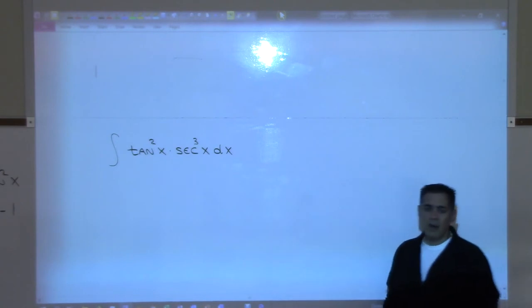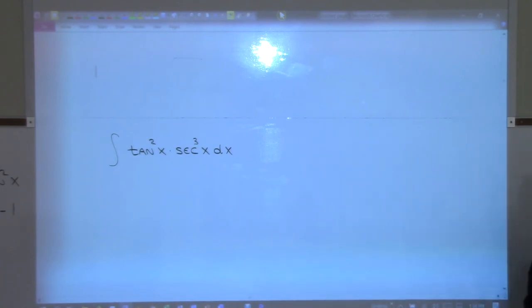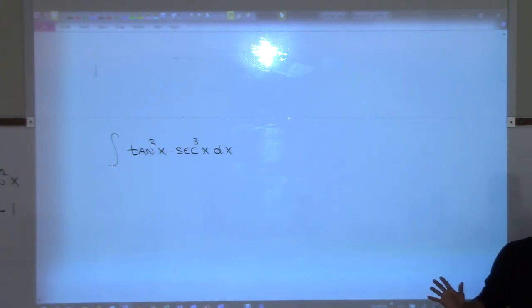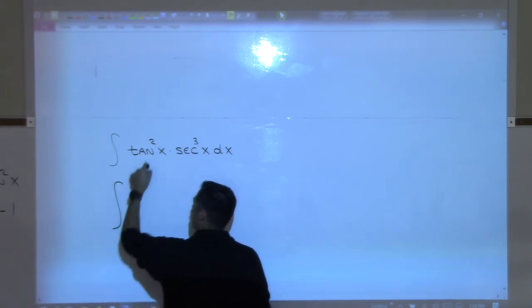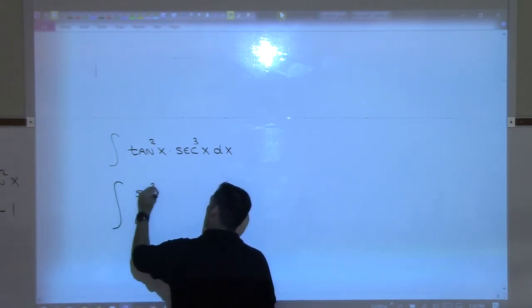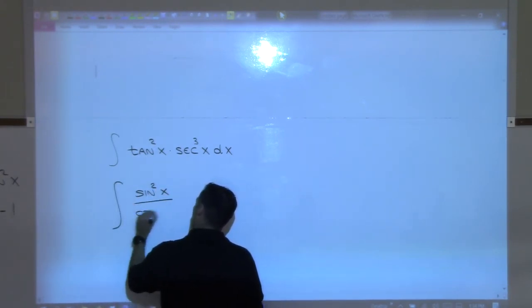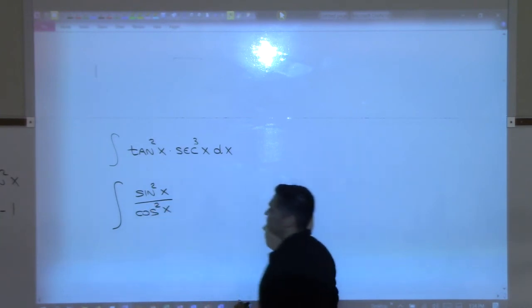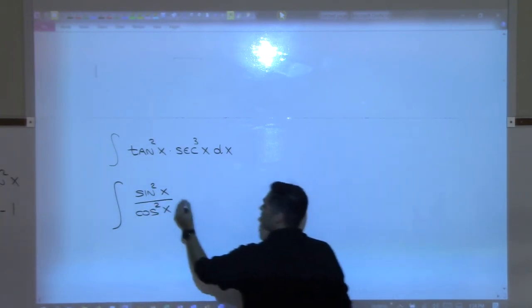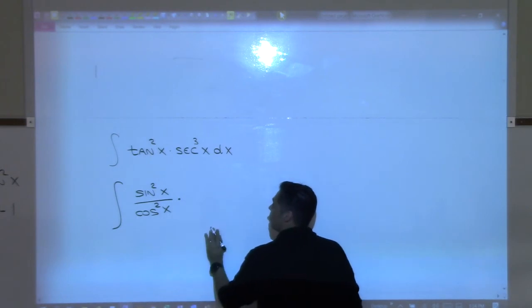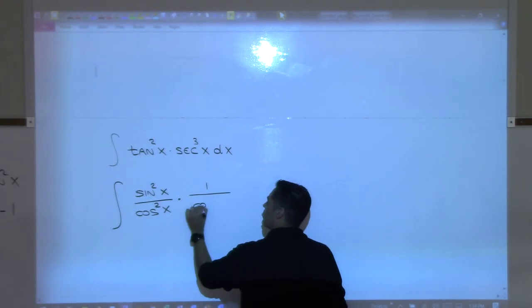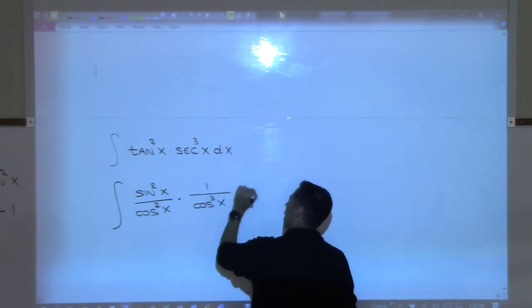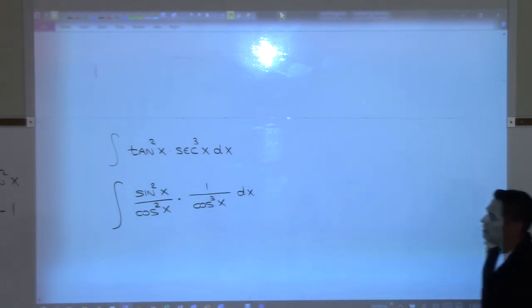Whenever you run into a problem like this, one recommendation is to try converting everything over to sine and cosine. Let's see if we have any hope doing it that way. I'm going to rewrite tangent squared x as sine squared x over cosine squared x. Everyone agree? Now, secant cubed x is 1 over cosine cubed x dx, because secant is 1 over cosine.